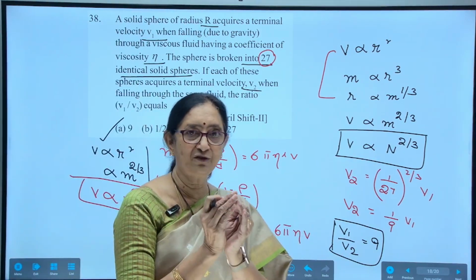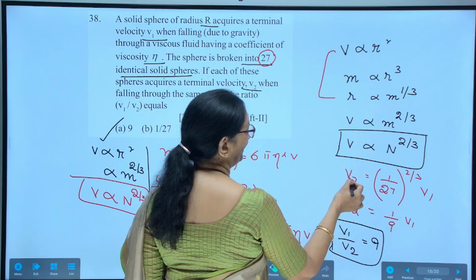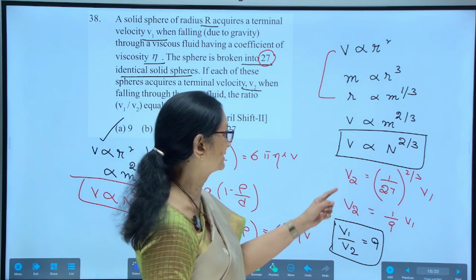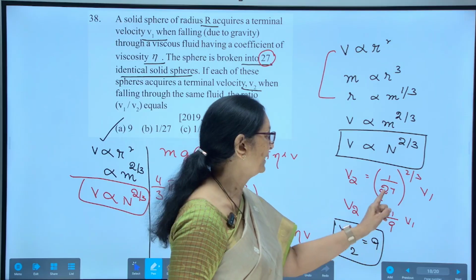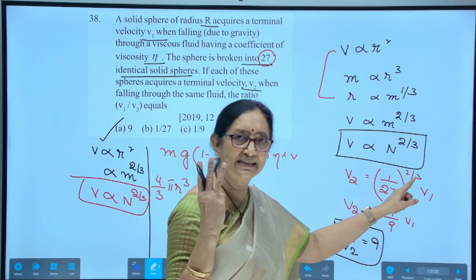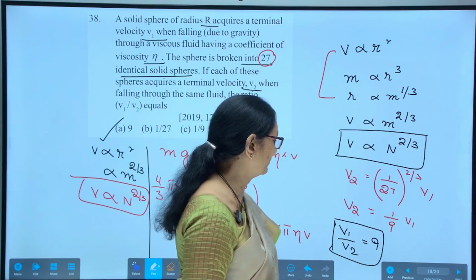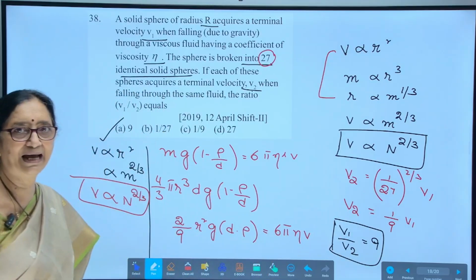Here the big drop splits into n droplets. So, the velocity of the droplet V2 is equal to, since it splits into 27 droplets, 1 by 27 to the power of 2 by 3 times V1. The cube root of 27 is 3, 3 square is 9. So, 1 by 9 times V1. So, V1 by V2 is equal to 9.